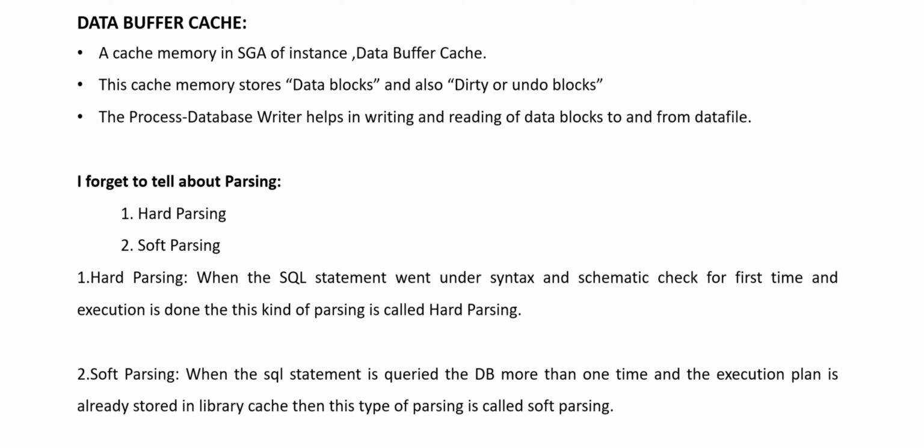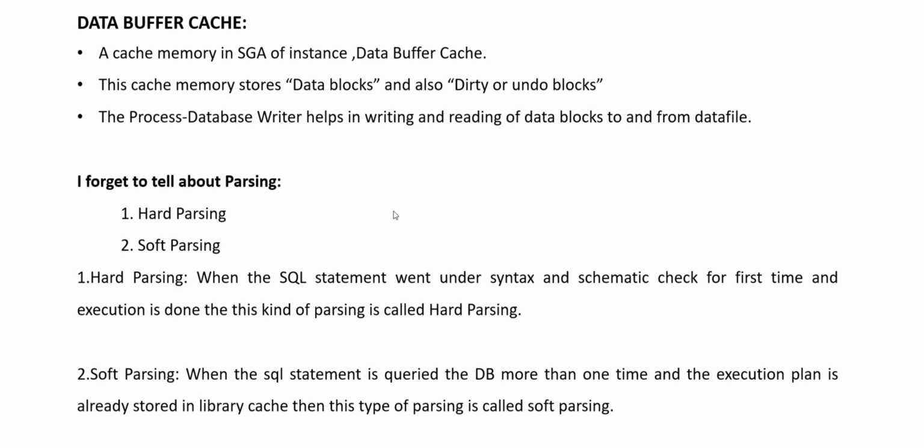In this video, let's discuss the data buffer cache and also the redo log buffer. These are the cache memories in the SGA region of the instance, and there are processes like the database writer and the log writer.